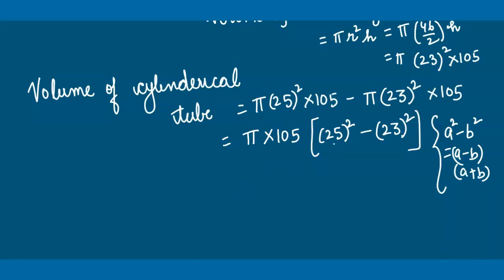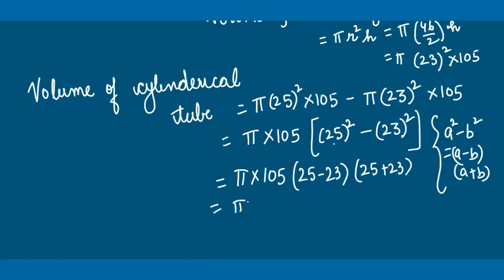So let's solve it now. Pi into 105 into a minus b, that is 25 minus 23, into a plus b. So this is going to be equal to pi into 105 into 2 into 48.